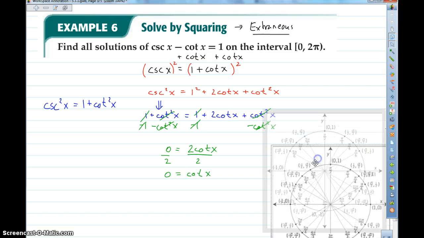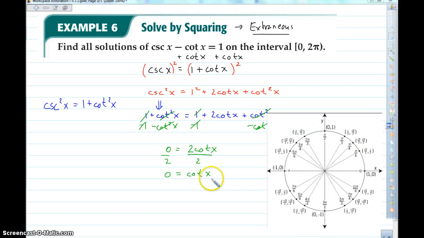Okay. Now, if the cotangent of x is 0, that means the tangent of x should be undefined. Remember, we take the reciprocal, 1 over 0 is called undefined. And so if we look on our unit circle when tangent is undefined, between 0 and 2 pi, we get that it is undefined at x equals pi over 2 and 3 pi over 2.